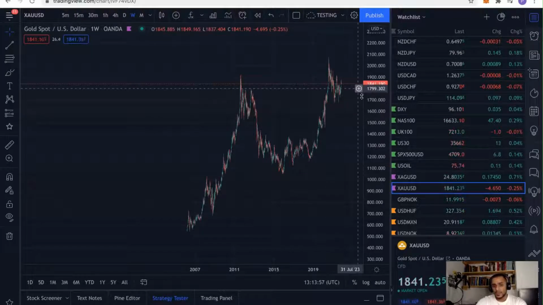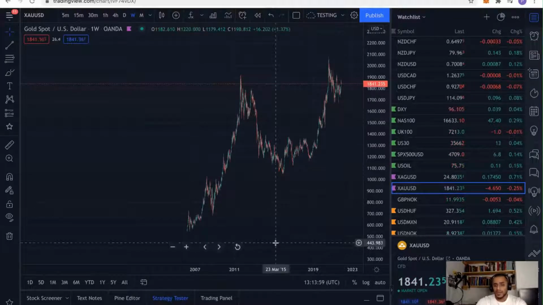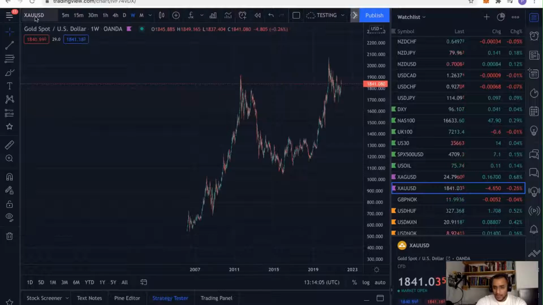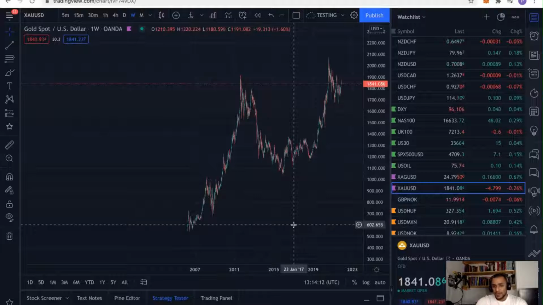What is 1841? It's $1,841 per ounce, measured against the US dollar. We are looking at XAUUSD, which is measured against the dollar, and the price of gold right now is $1,841.05, I believe.